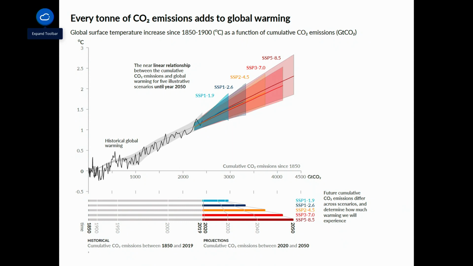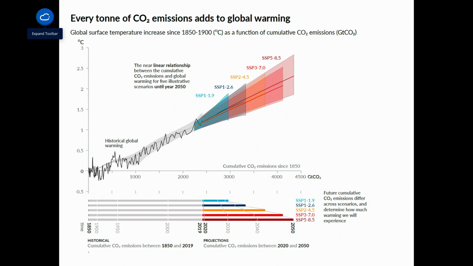The more you emit, the higher the temperature, and it goes approximately on a straight line. So the temperature climbs in 2050 relative to the pre-industrial by 0.5 degree for 2,000 gigatons of CO2 emissions since 1850, all the way up to between 1.5 and 2 degrees for 3,500 gigatons since 1850.